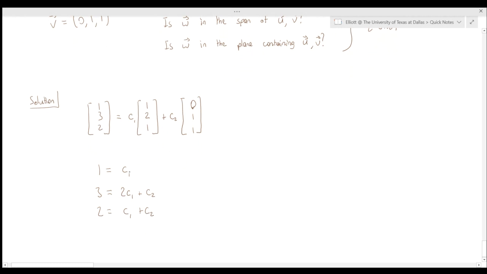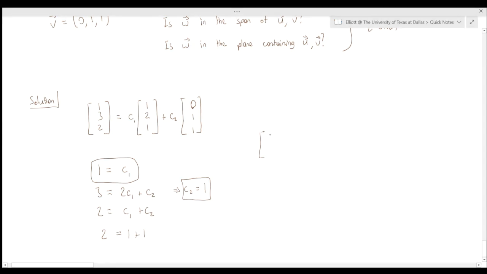If C1 is equal to 1, from the second equation, you would get that C2 has to equal 1 as well in order to add to 3. And if C1 and C2 are both equal to 1, that just so happens to satisfy the third equation as well. So we did find a solution to the system of equations.